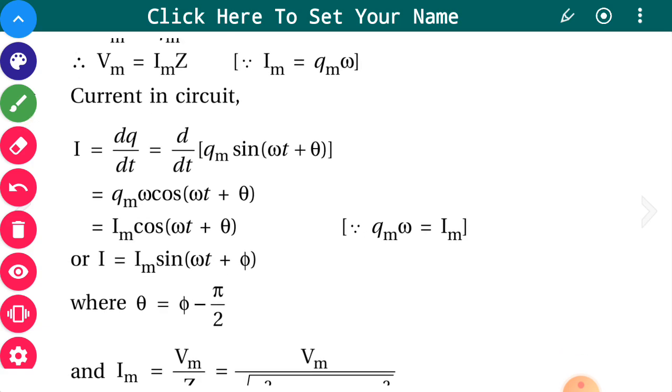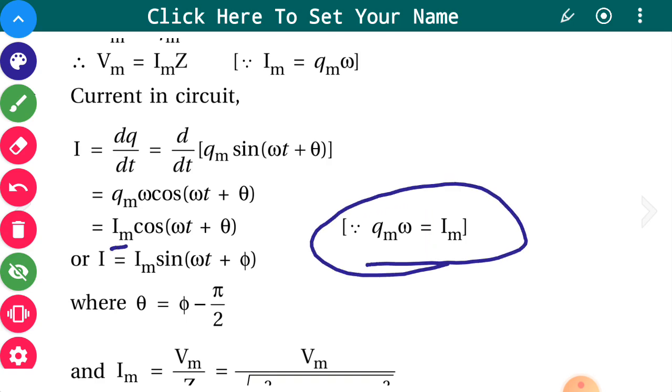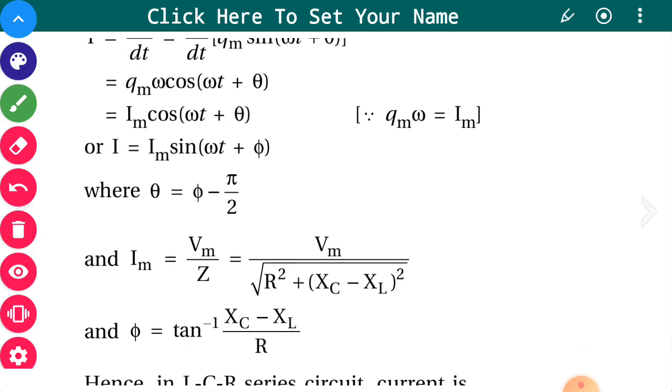Qm omega is taken as the maximum current Im. So I is equal to Im cos(omega t plus theta), or I is equal to Im sin(omega t plus phi), because theta minus phi is equal to minus pi by 2, so theta is phi minus pi by 2. So this can be written in this way.